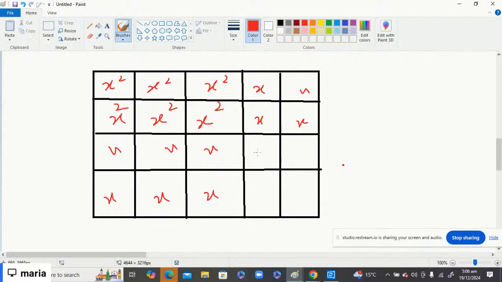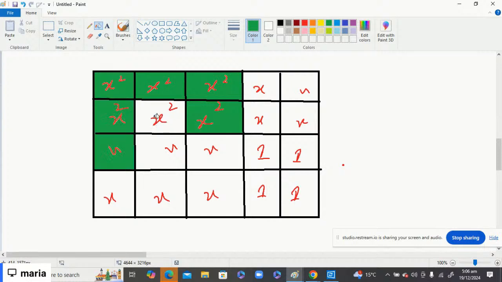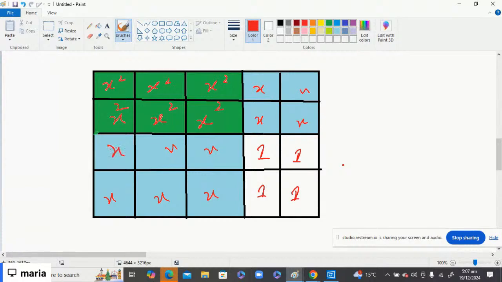And here we put the ones. Just color it with the proper colors, like this is the x square, and this white is 1.